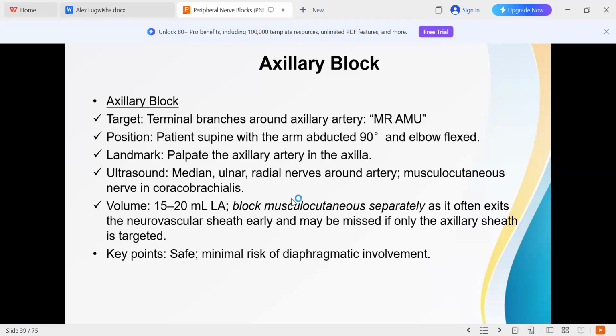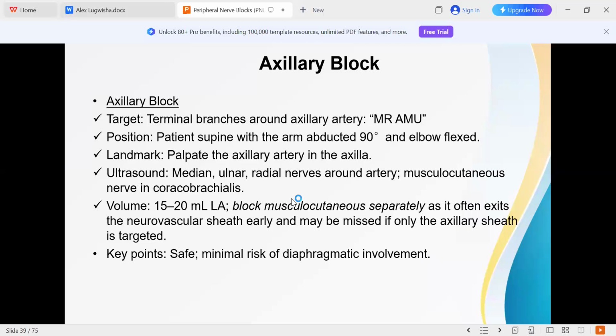It's safe, with minimal risk of diaphragmatic involvement, phrenic nerve involvement, and pneumothorax, and is useful especially for the forearm and lower arm.